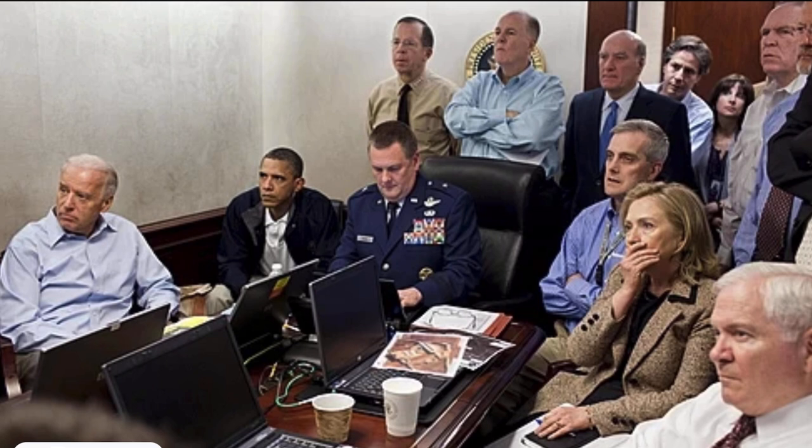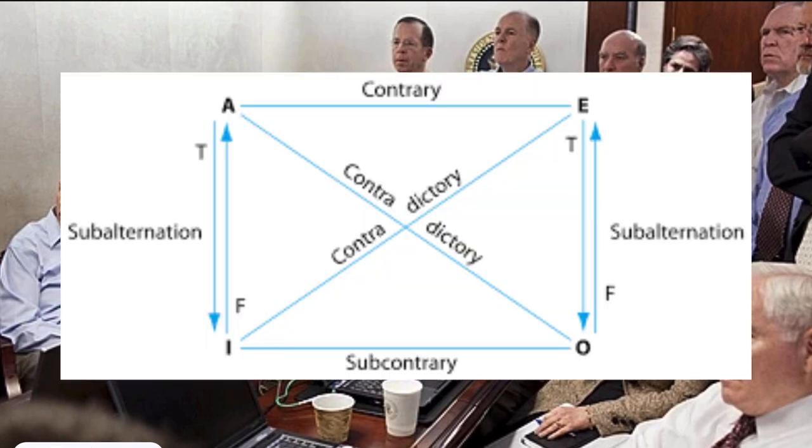So, what do we do with a false A statement? What do we do? Obama, don't be scared. I will show you. So with a false A statement, how would we move?